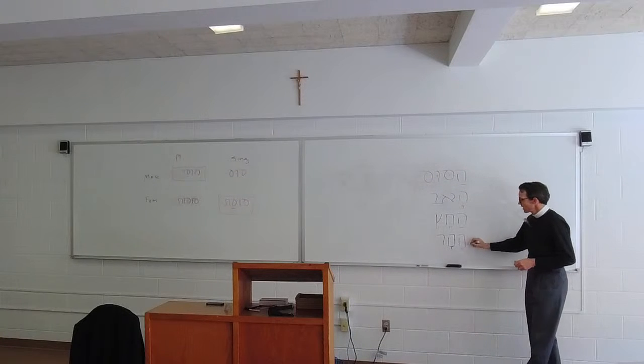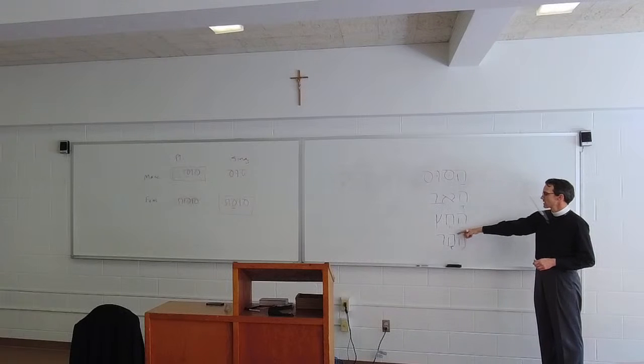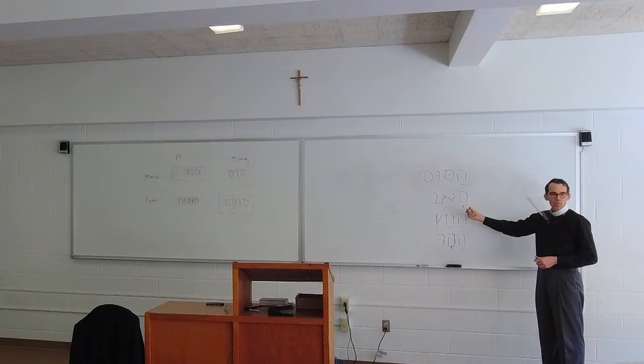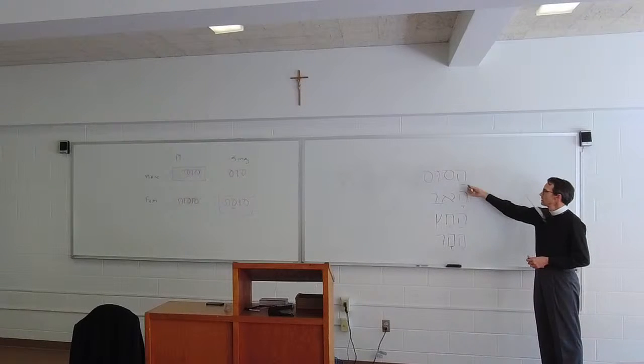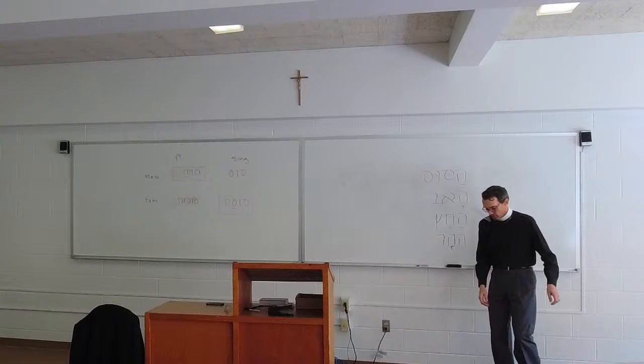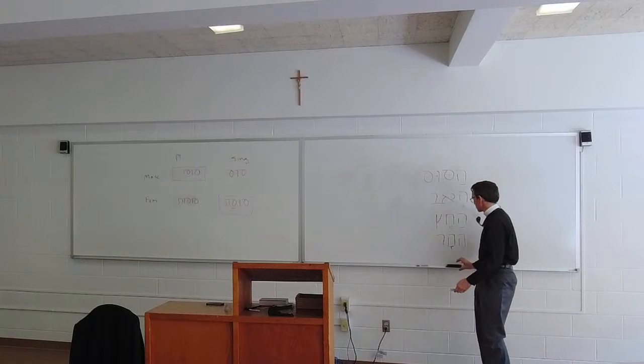So there can be some vowel changes, but we know the reasons why that happens. It's the gutturals that are causing vowel changes here. Even if we can't produce them ourselves, we know the reason why when you see it in Hebrew. But the hey is going to be there to mark the definiteness of the noun.